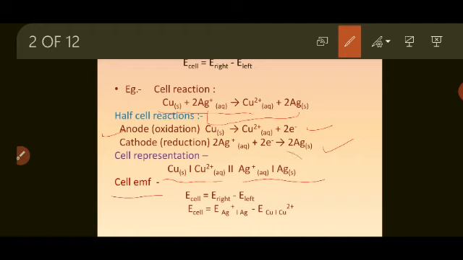The right hand side cell is the silver cell, so EMF of the silver cell minus EMF of the copper cell. So this is the formula to calculate the EMF of the cell.